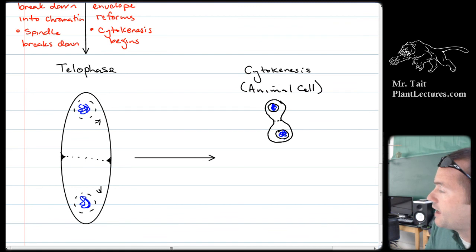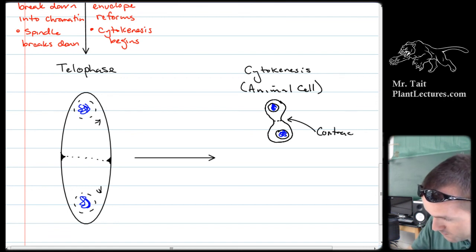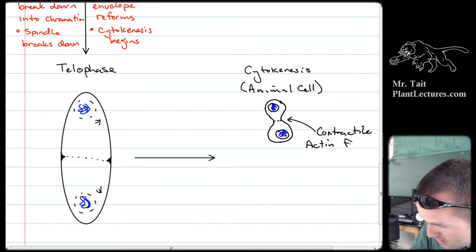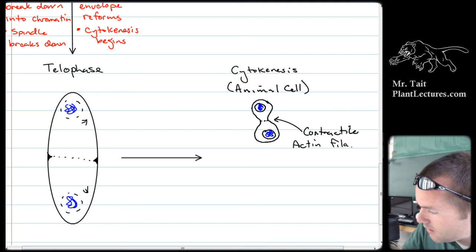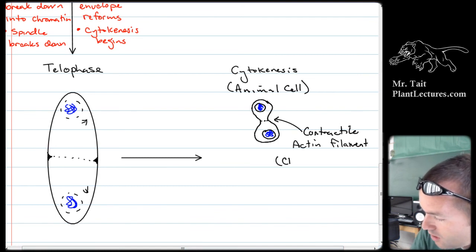Okay, and the middle part here, that's where you've got your contractile actin filament. And it's pinching the cell together, and that part where it's being pinched is called the cleavage furrow.